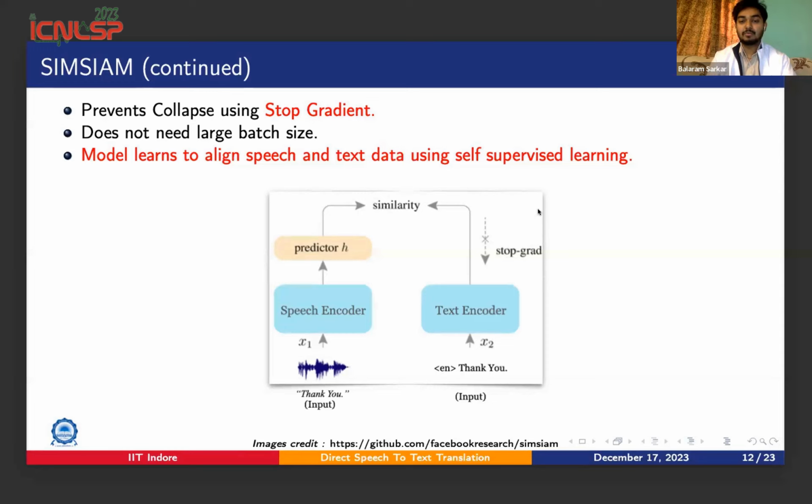So we tried to use this mechanism in our approach to bridge the modality gap. On one side we have the speech input, and on the other side the text input, and we have the speech encoder and the text encoder. This brings outputs of representations which have more meaningful features of both combined.